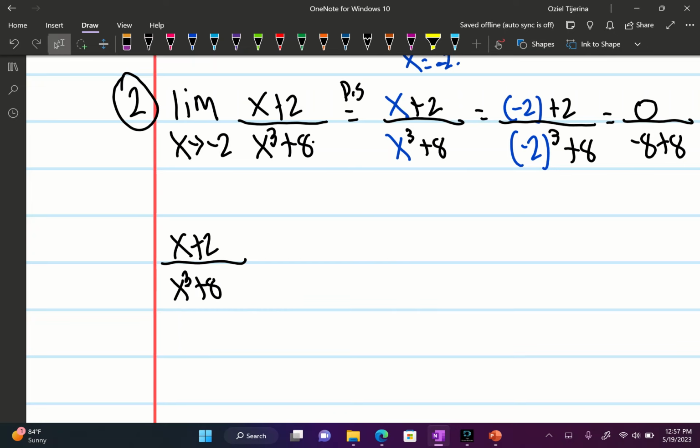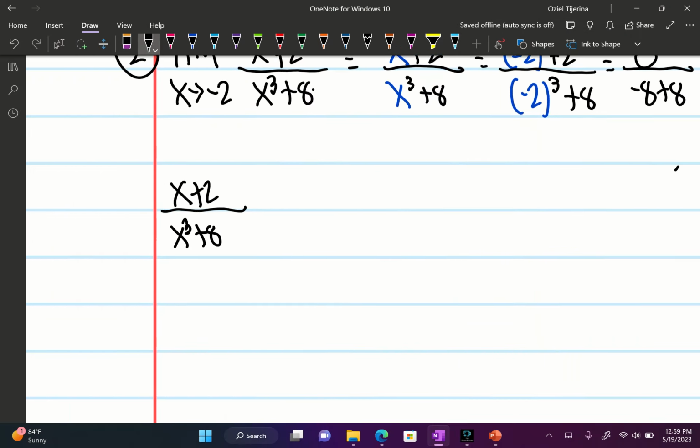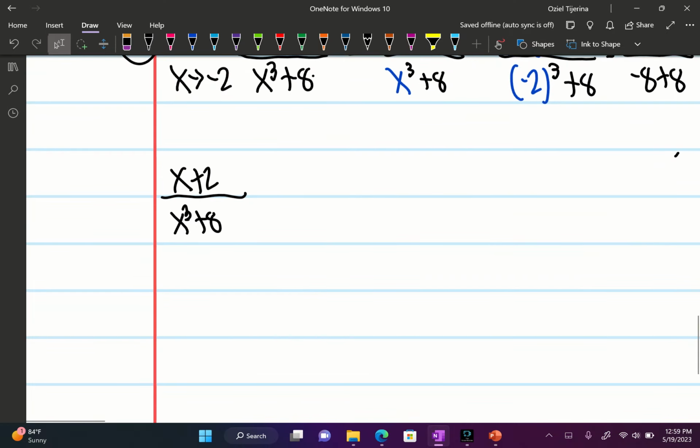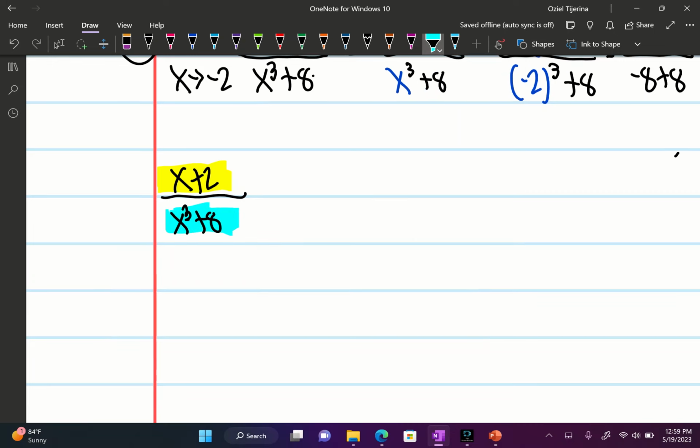Give me 1 second. Okay, guys, so I found it. We're going to go ahead and factor the bottom. Obviously, like I said, on the top it's a linear expression. This is a linear expression right here, but on the bottom it is really a polynomial. We can factor this out.